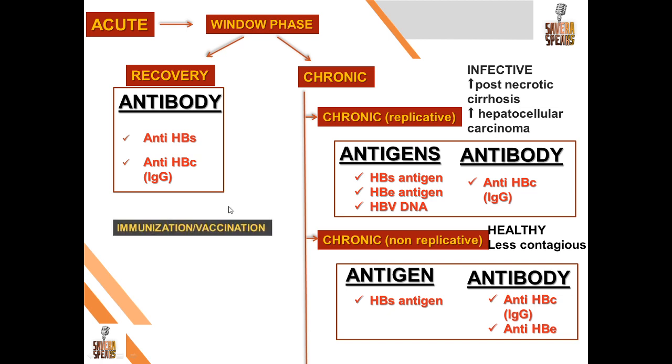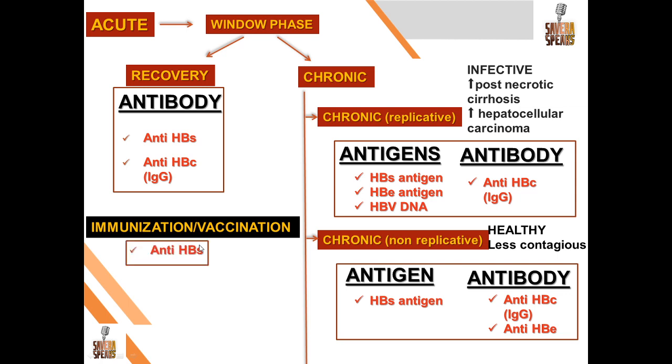Now, if the person is immunized, that is, if the person has been vaccinated, the only antibody that will be present is anti-HBs, because the person is not exposed to the virus itself, so there will be no anti-HBc IgG.